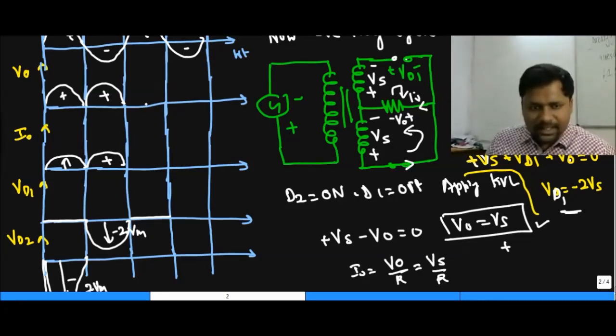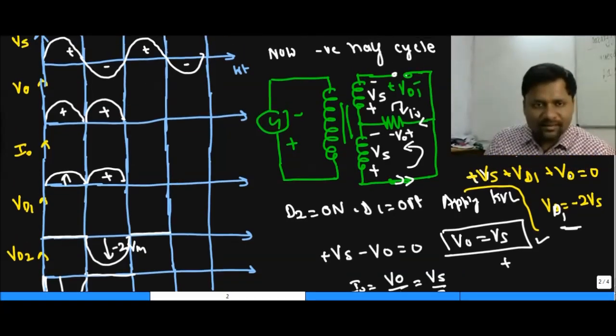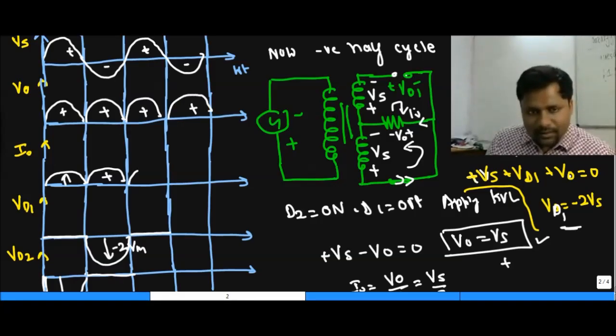So if I complete the waveform like this, the Vd2 will basically be shorted because of the negative supply, and this is the waveform that we are obtaining. And during the negative half cycle, again there will be a positive cycle. The same waveform is going to be repeated in this fashion.